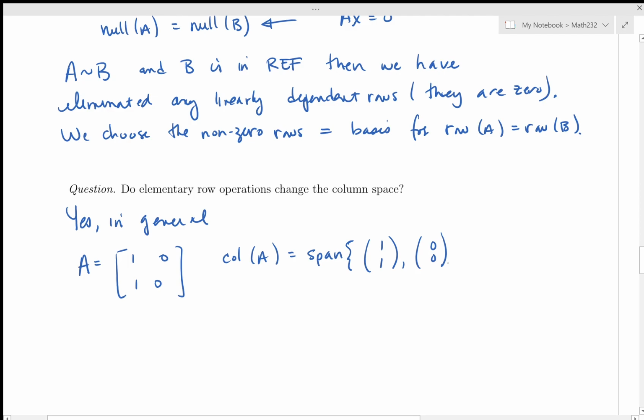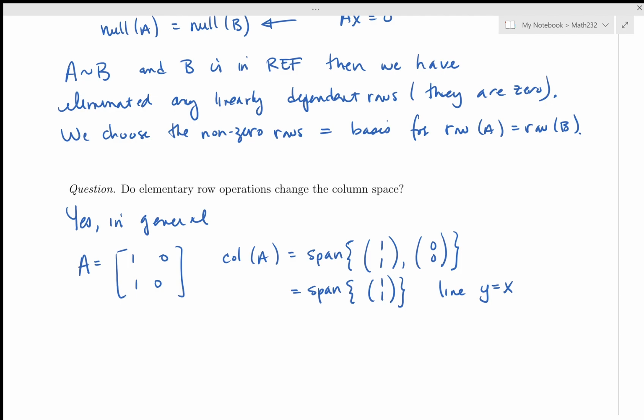These are not linearly independent, so I could simplify this and say that's also equal to the span of 1, 1. What does that look like? What is the space that I can identify as the span of 1, 1? This is the line y equals x. This is all the vectors that are scalar multiples of 1, 1. That is the line y equals x.